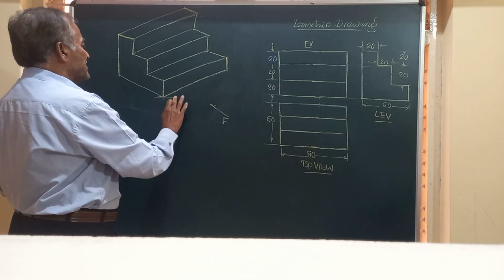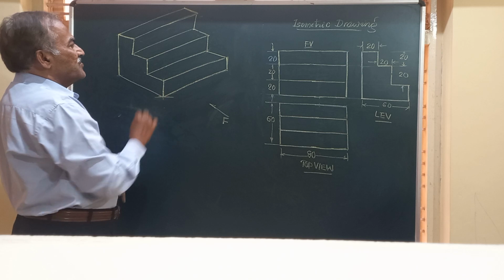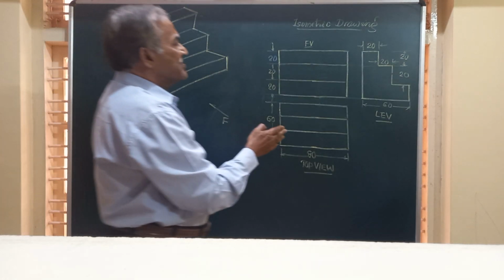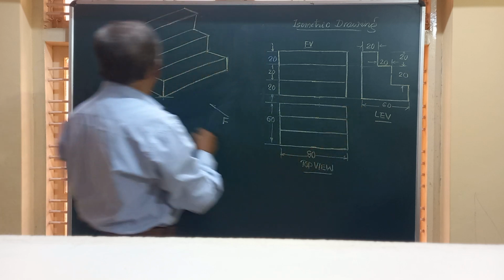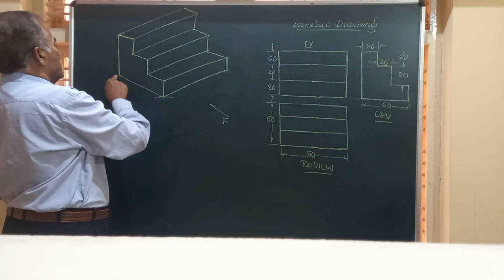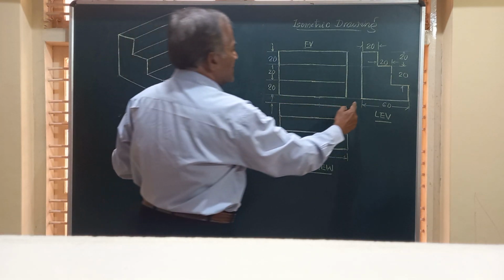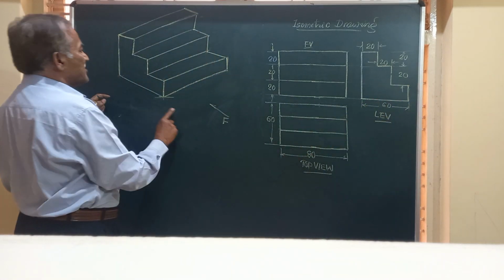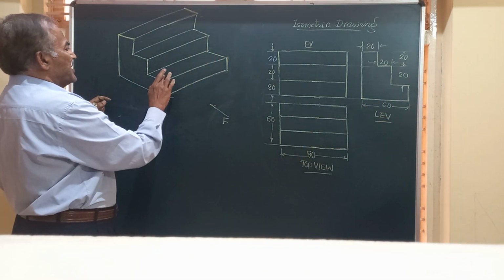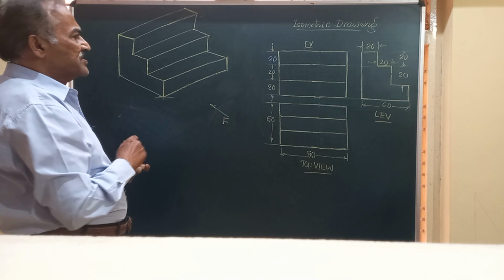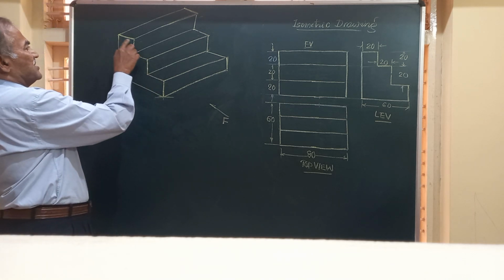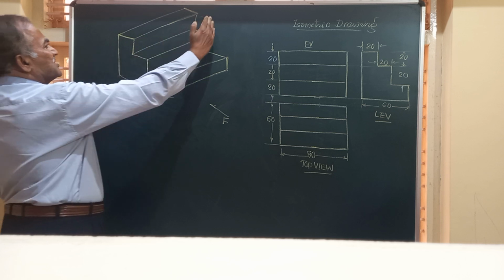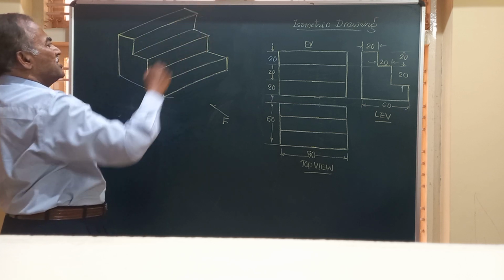So finally, friends, let us see from the end view. In the end view, if you see, the vertical line drawn here is represented here by this vertical line, and this horizontal line is this horizontal line. This is the point of reference, and if you see from the end view, you will see the figure like this, in the same shape, and there is nothing at the end, it's totally open.